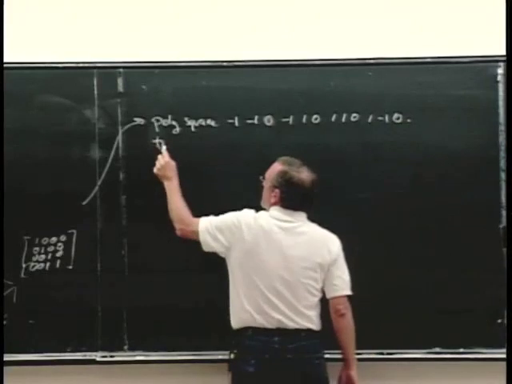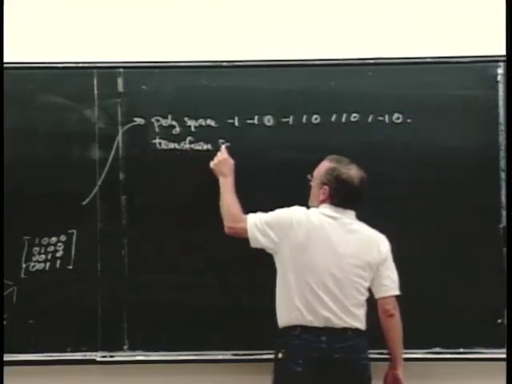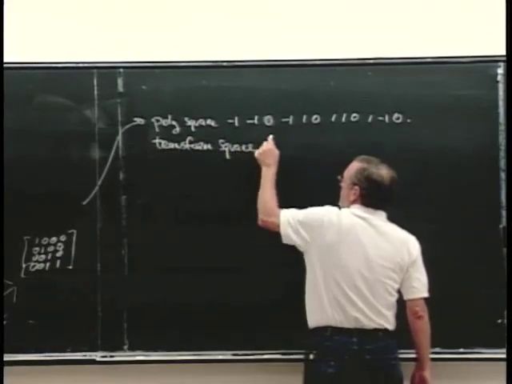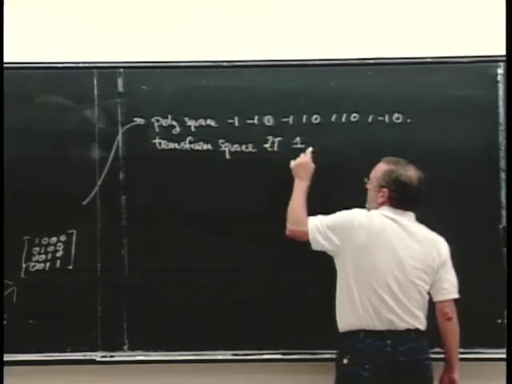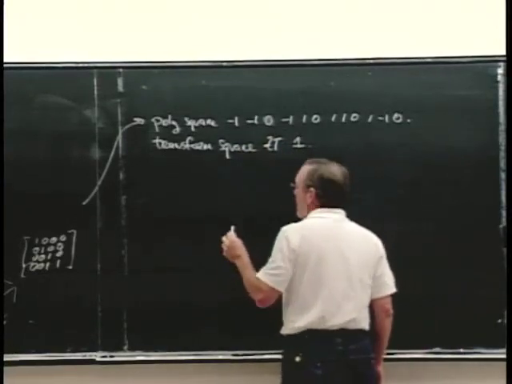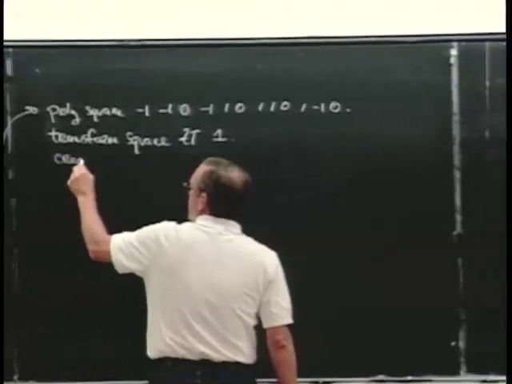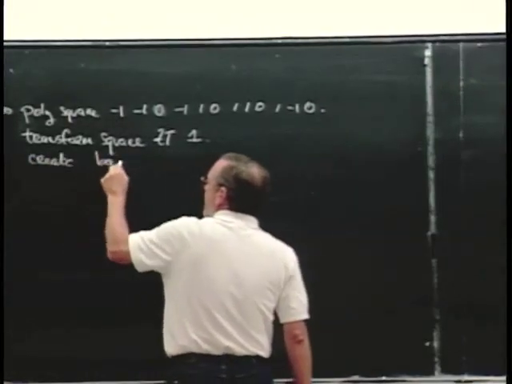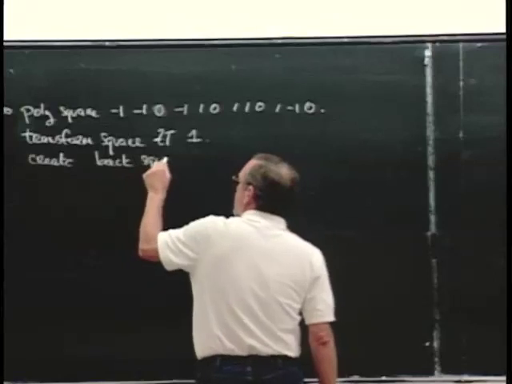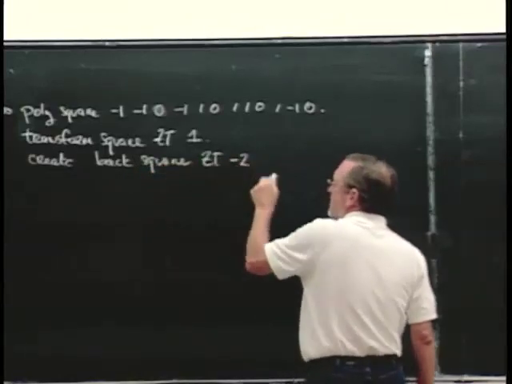I'm going to say transform square Z translate it 1 on the front. Now I'm going to say create back from square by Z translating it a -2.